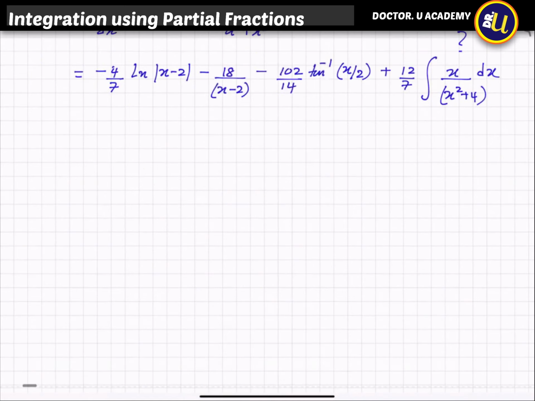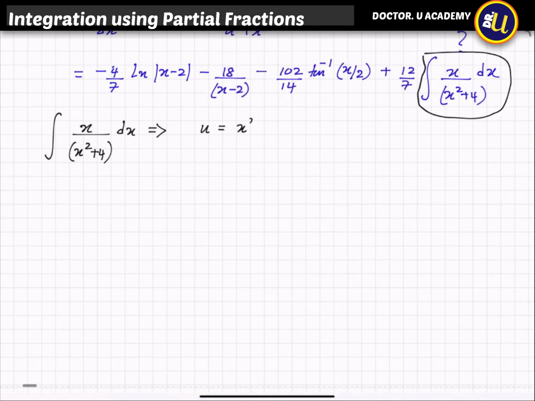So now the problem is to find this integration. I will take it separately here: x divided by x squared plus 4 dx. Here I will use a substitution where u is equal to x squared plus 4.